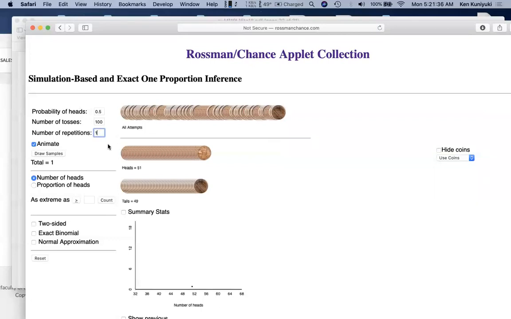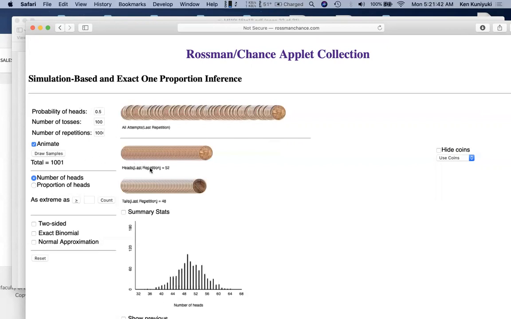Let's say that 1,000 more students join in the fun, do the same thing. Student number 1001 gets 52 heads over here. And here is a frequency histogram for the number of heads, the value of X, obtained by the 1001 students. Now, what would the corresponding binomial probability distribution predict in terms of the frequency histogram?